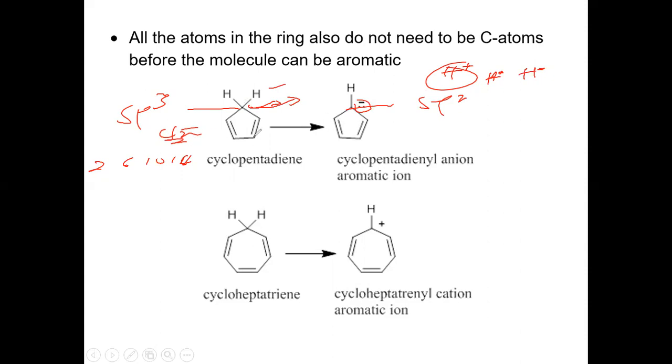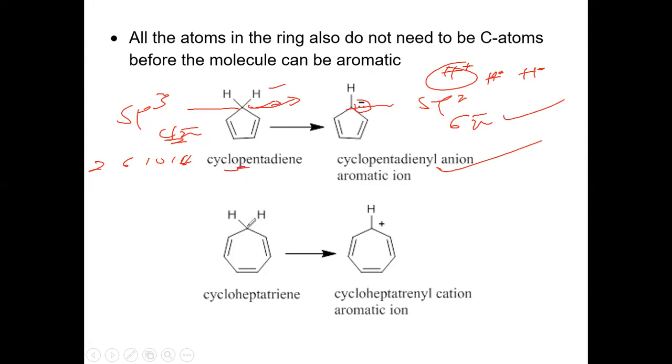So instead of having 4, we'll have 6 pi electrons. Now, once we have 6 pi, it means you obey Hückel's rule. Now, the carbon here is in the right hybridization, and it has an unhybridized p orbital to overlap with the neighboring ones. And so this whole thing becomes aromatic. So the cyclopentadiene anion is aromatic, but the compound itself is not aromatic.